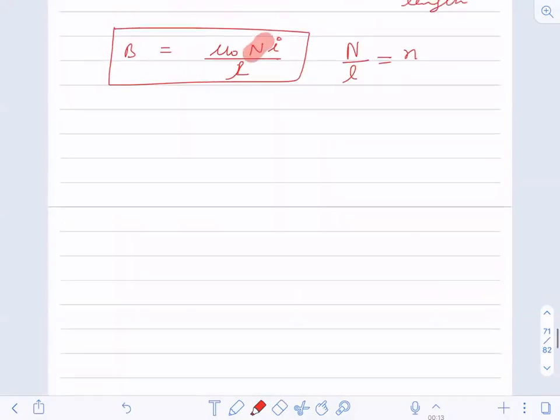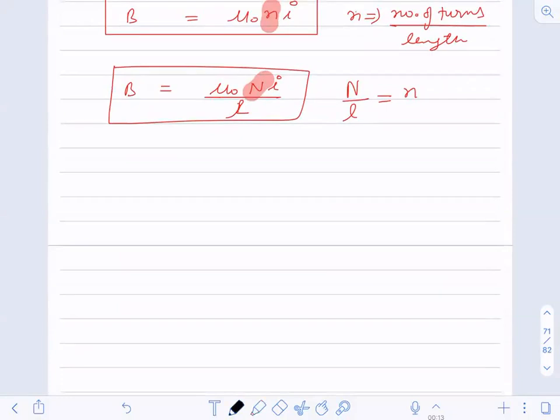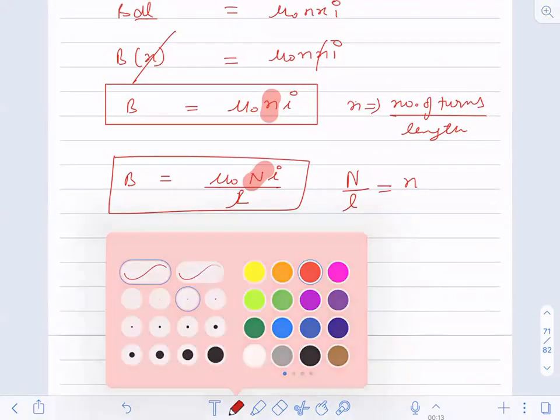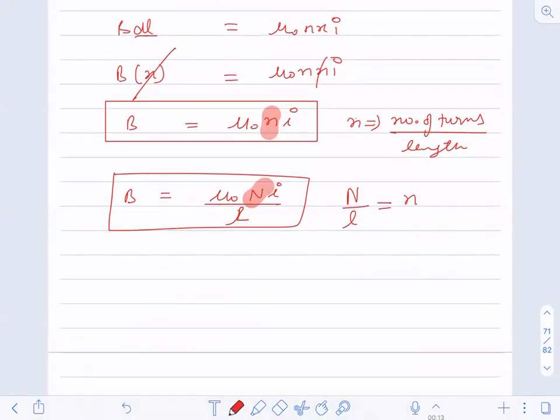Now, after this, the very important point about the solenoid is that the magnetic field inside the solenoid is there. Okay, outside is zero that we have studied. Now, the magnetic field inside the solenoid is what? Uniform. This is a very, very important point that I'm writing in a note.